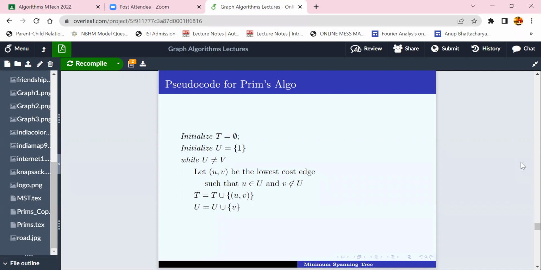Order of V plus E, the set of edges. You are telling order of V plus order of E, right? Yes. Okay, can you explain why?